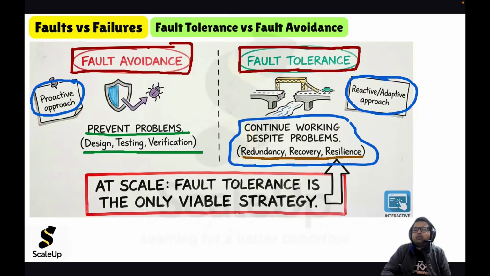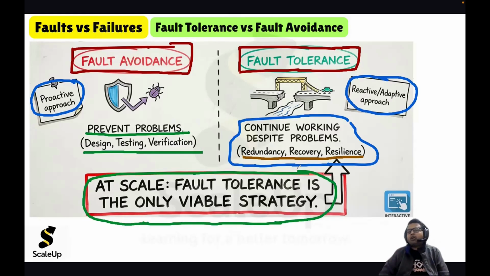So see, fault prevention, fault avoidance is something like a very hypothetical situation, because we already saw in system design, when we scale the system, faults are very normal, very common. And if faults are very common, we cannot avoid them. We have to rather handle them. So a very important observation: at scale, fault tolerance is the only viable strategy.